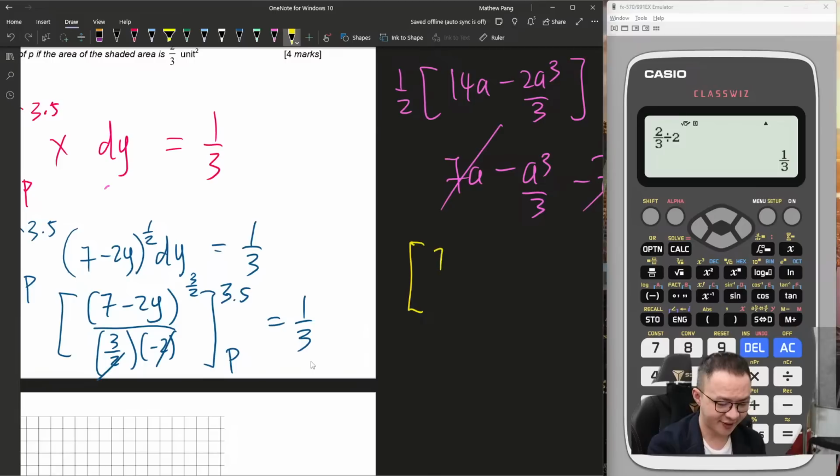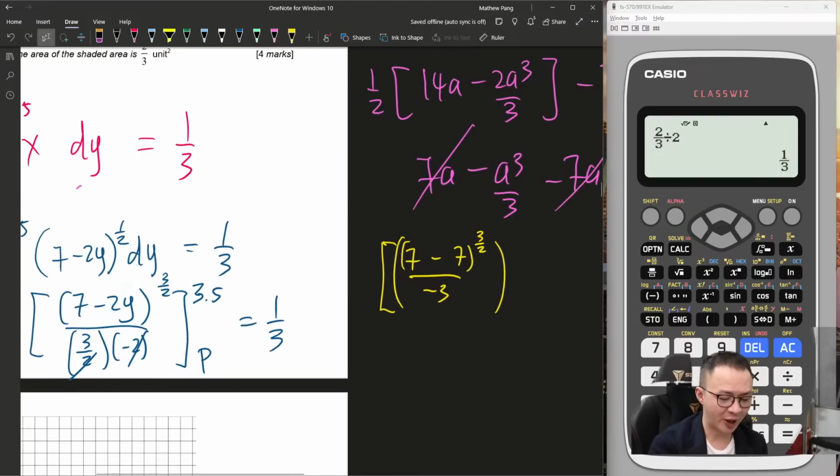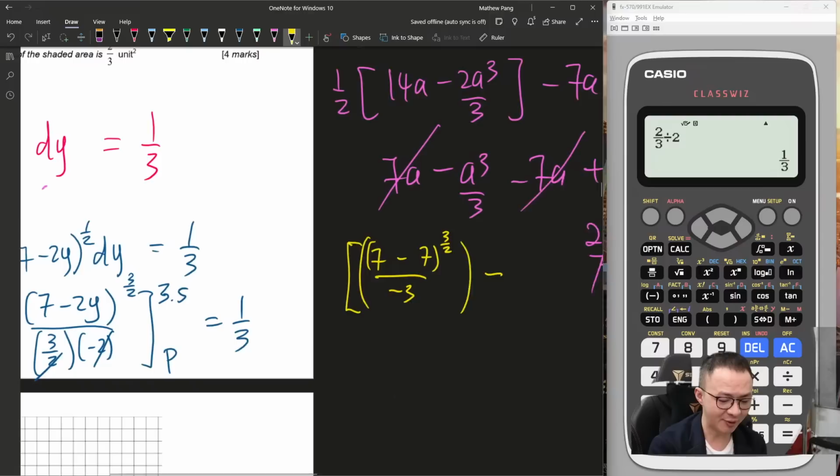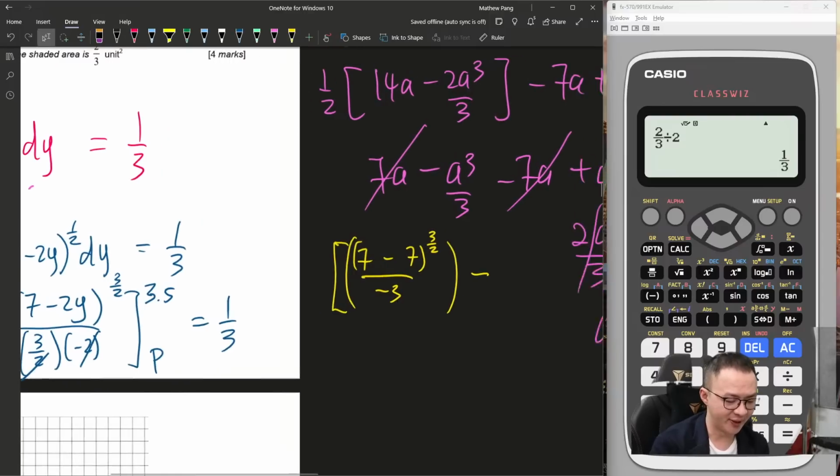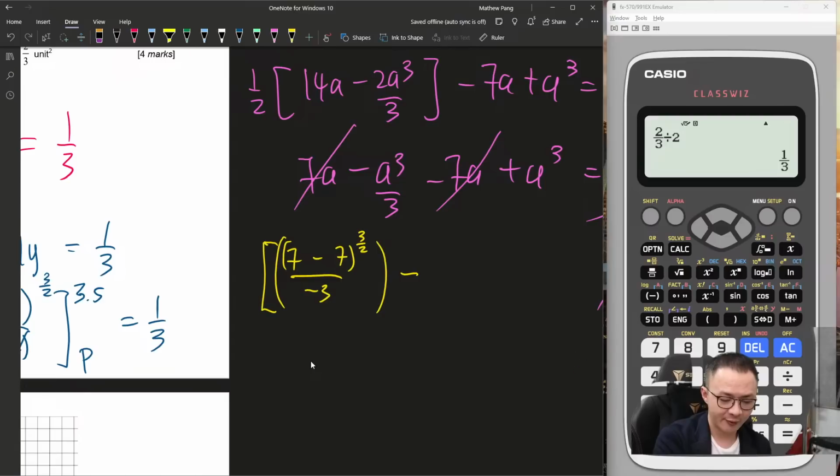Alright, then I will just substitute into this. So if I substitute in 3.5, the first one is 7 minus 7 over negative 3, right? Definitely on the top I should have something like 3 over 2, but this is 0 already, so it doesn't matter. Then I will minus, I substitute in p. So it will be something like 7 minus p to the power 3 over 2 over negative 3.